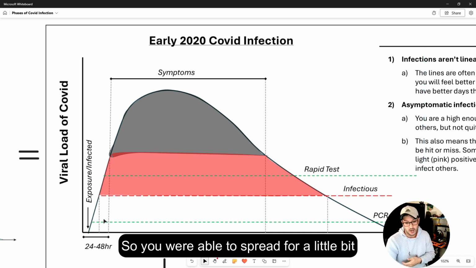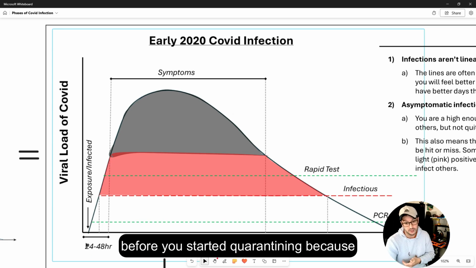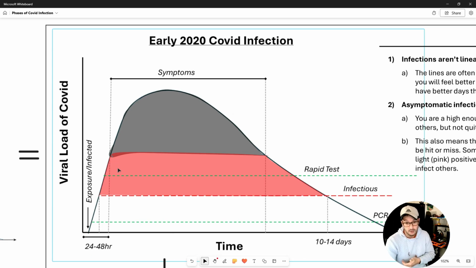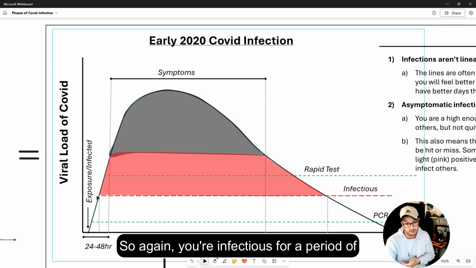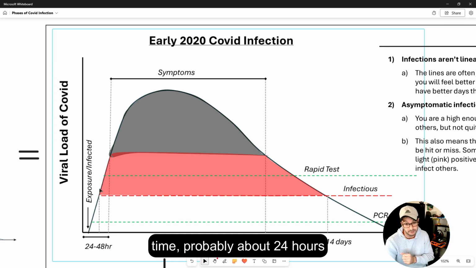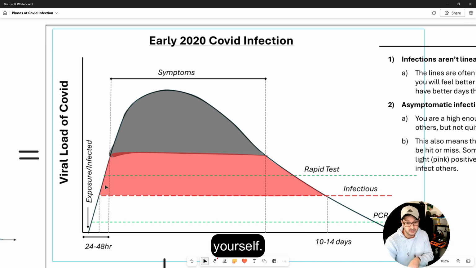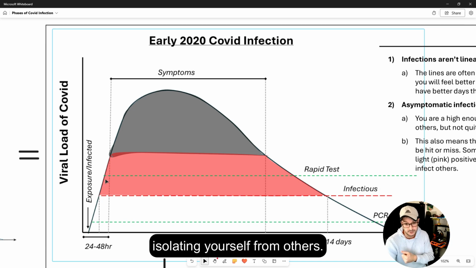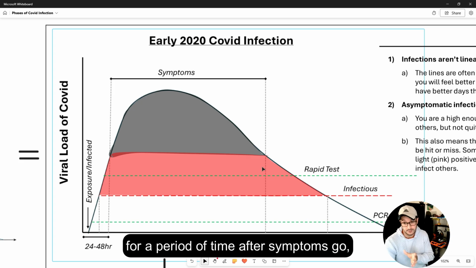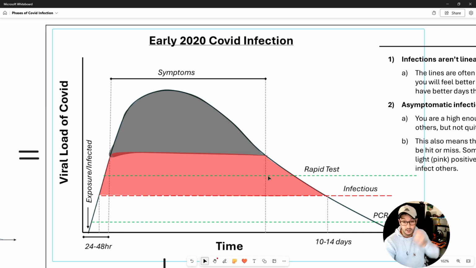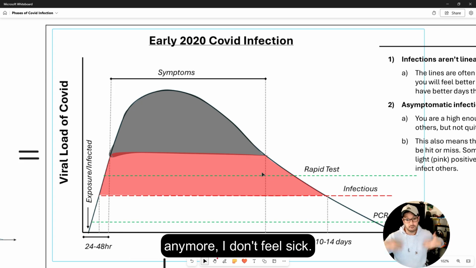So you were able to spread for a little bit before you started quarantining, because symptoms would occur right here. So again, you're infectious for a period of time, probably about 24 hours before you would start quarantining yourself, isolating yourself from others. And then for a period of time after symptoms go, most people would go, oh, I'm not sick anymore. I don't feel sick.